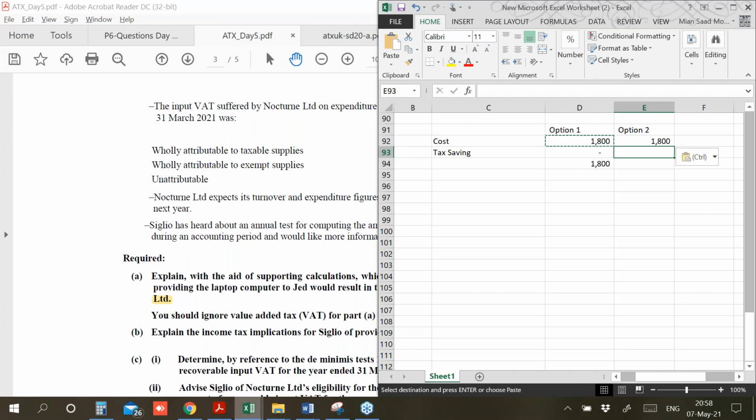However, as we have calculated, the company will be able to make 314 of tax savings. And you know how this 314 has been calculated: the difference between the balancing charge and the capital allowance, times 19%. So which option results in a lower after tax cost? Till here, option 2 results in lower after tax cost.